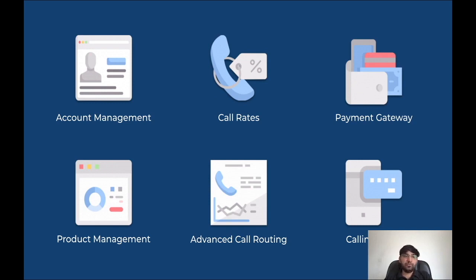If you are a company with multiple departments, for example a sales department, billing department and NOC department, then you can create multiple accounts and create roles and permissions for each department's users, and give them access to the system so they can perform their activities. For the NOC department, you can give the live call report and rates management. For the billing department, you just give the permission for customers and invoicing. So these kinds of roles and permissions you can create.